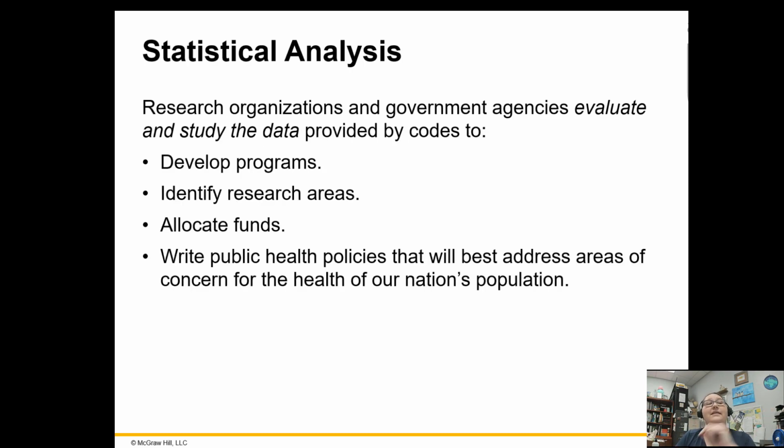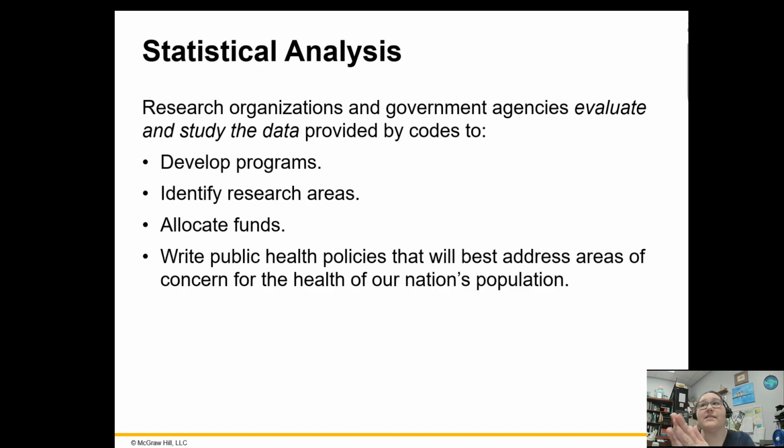All right, statistical analysis. Research organizations and government agencies evaluate and study data provided by the codes to develop programs, identify research areas, allocate funds, and write public health policies that will best address areas of concern for the health of our nation's population.